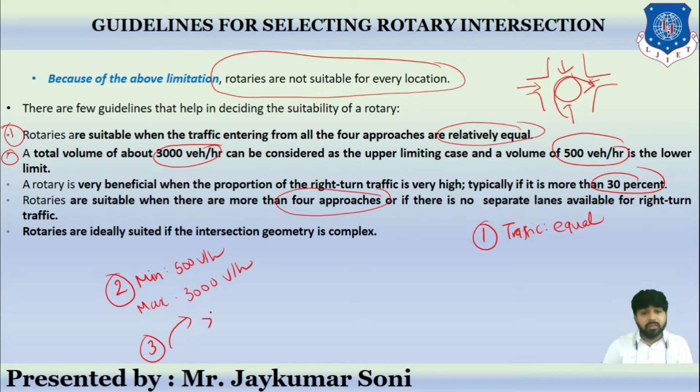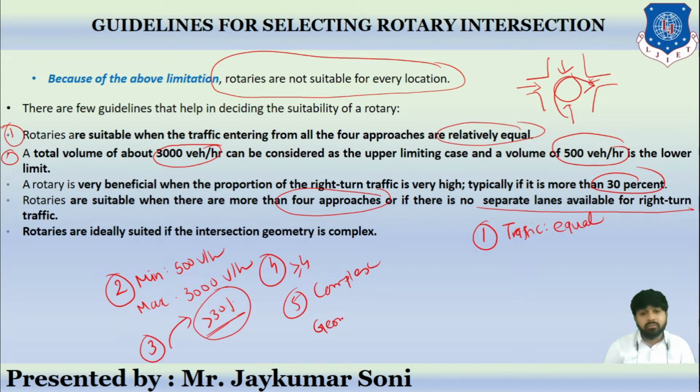If more than 30% of the traffic is right turn movement, then the rotary can be provided. The approaches should be four or more, and there should not be any separate lane for right turn traffic. And in case of complex geometry, rotary intersections are provided.